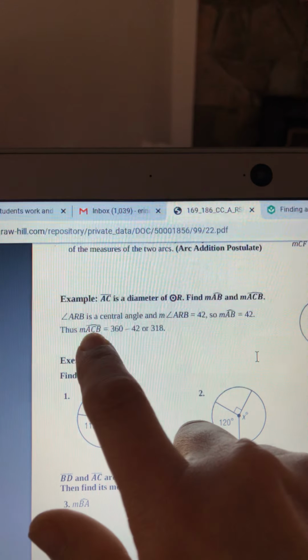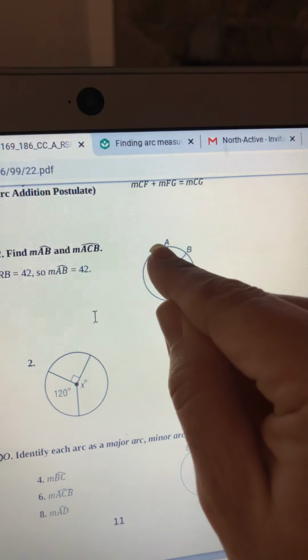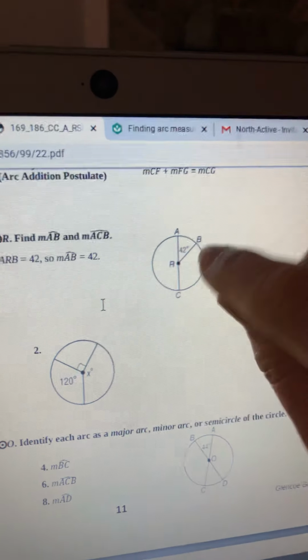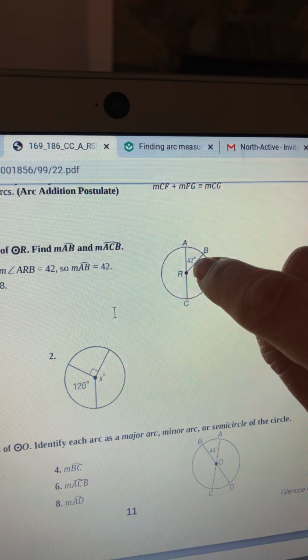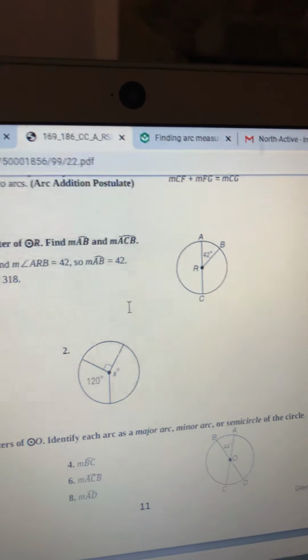Thus, the measure of major arc ACB, so from the A all the way to the C, all the way to the B, the rest of the pizza minus this piece right here, is going to be 360 minus the 42. Okay, it's everything except for that little piece here.